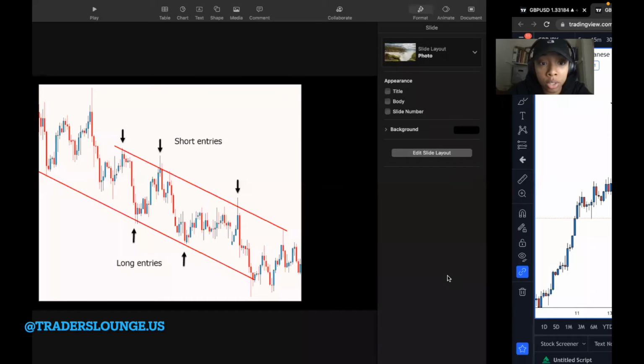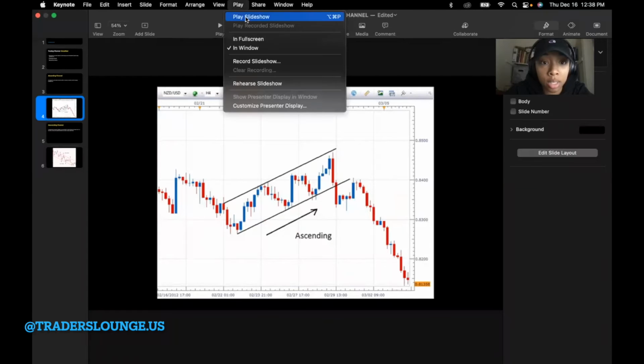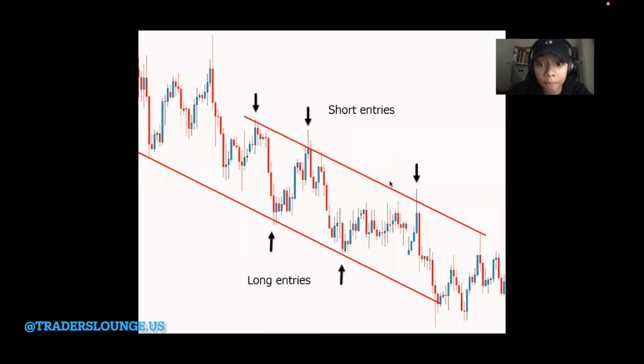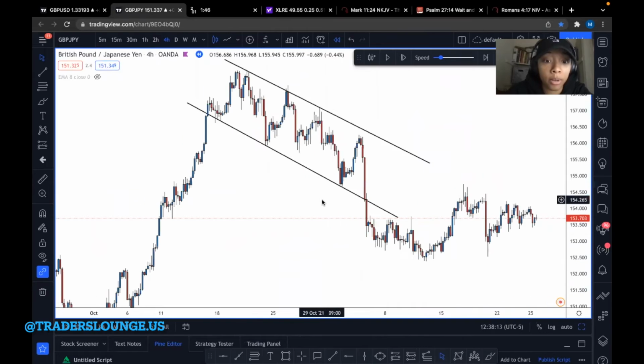We literally just saw that in this example. Let me show you. This was going up, but it literally just broke right through. Same thing, it broke out of this channel and continued, I think, downward.